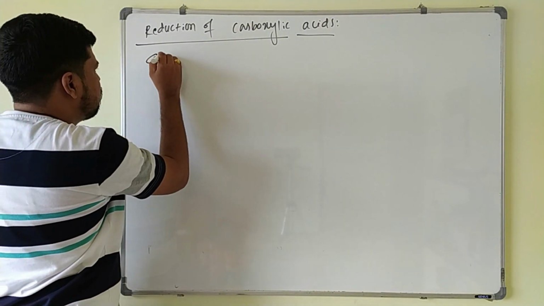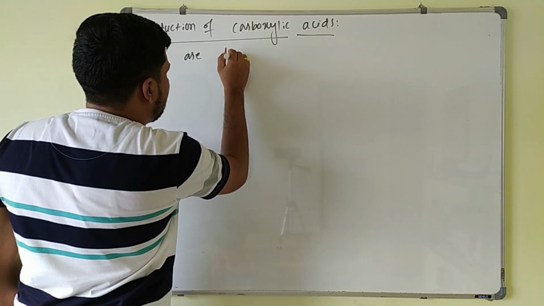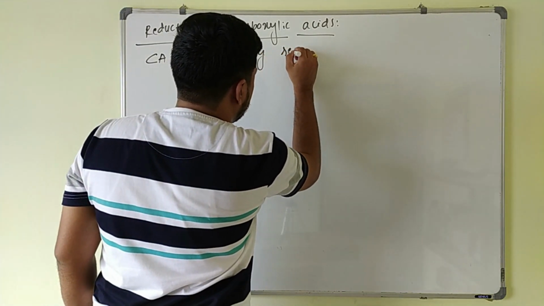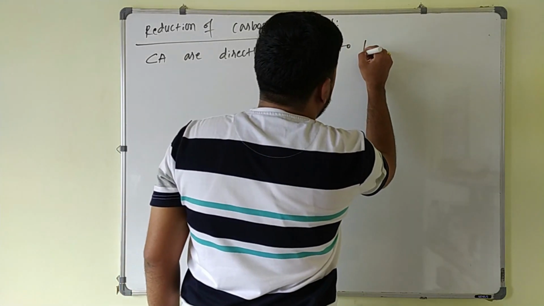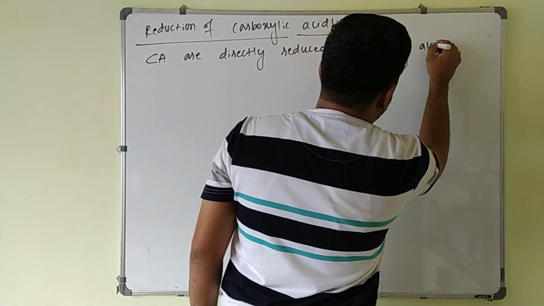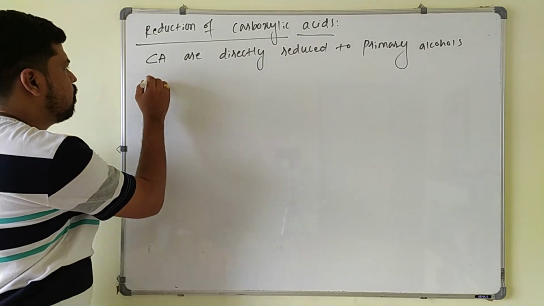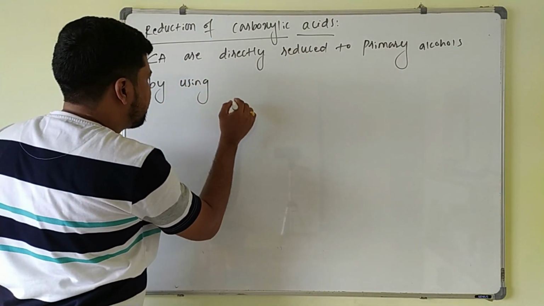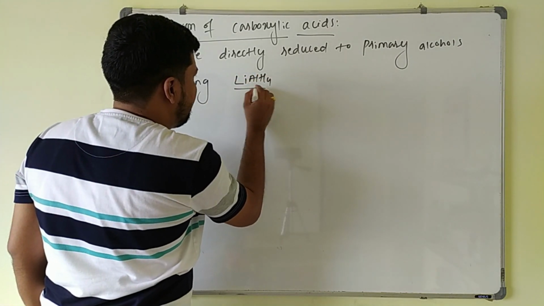Carboxylic acids are directly reduced to primary alcohols by using strong reducing agent, that is lithium aluminum hydride.